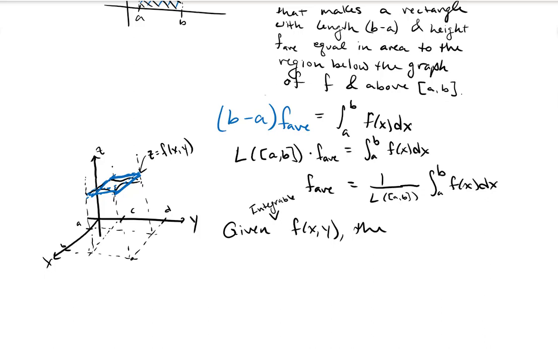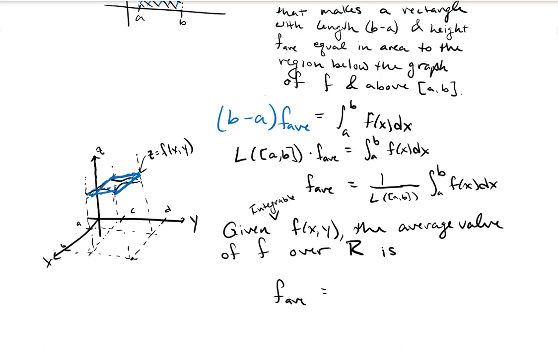Given an integrable function f of x, y, the average value of f over rectangle R is, we'll still call it f average, but let's see if we can interpret this now.